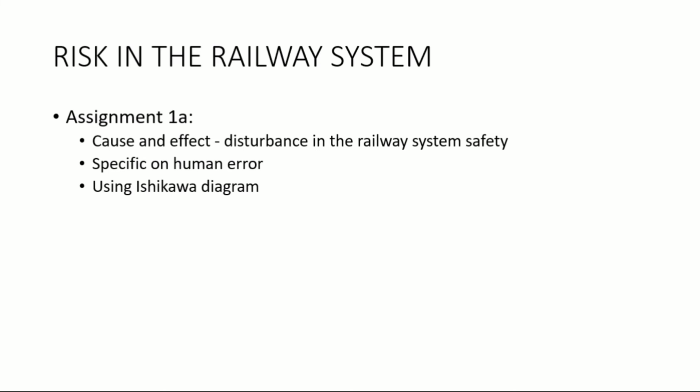This is your first assignment for chapter 1, risk in the railway system. I would like you to find out the cause and effect of the disturbance in the railway system safety, and the discussion should be specifically on human error. And I would like you to use the Ishikawa diagram to find out the cause and effect of the disturbance.